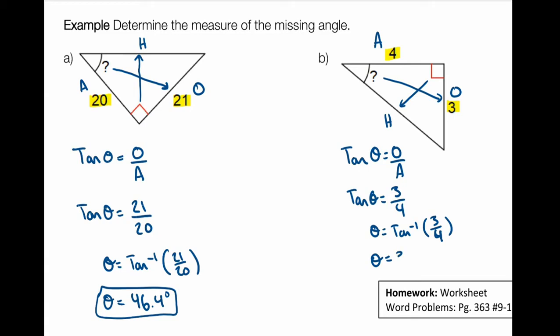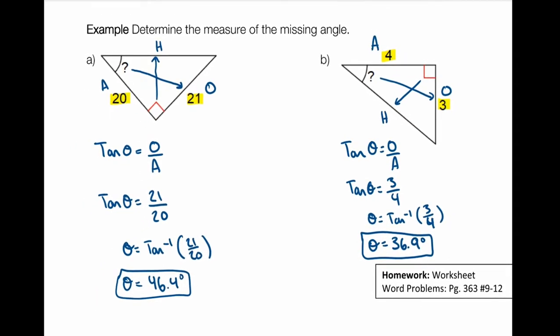And I get 36.9 degrees. So again, we can see two different examples, two different triangles, but we're always going to be given both sides to complete that ratio, and then we just have to do the inverse. So there's only one way that you're going to be finding a missing angle using the tan ratio.